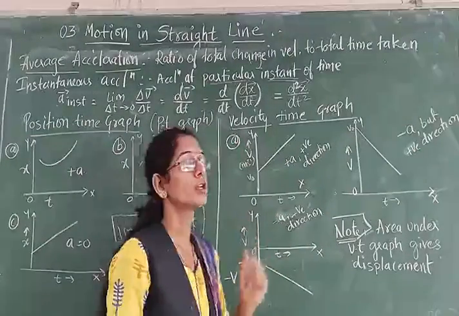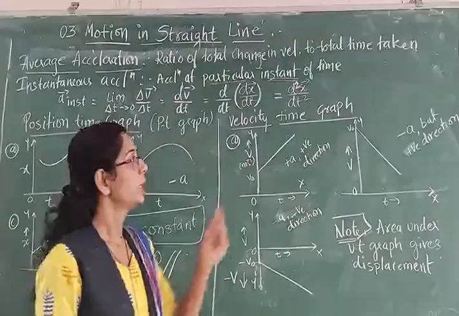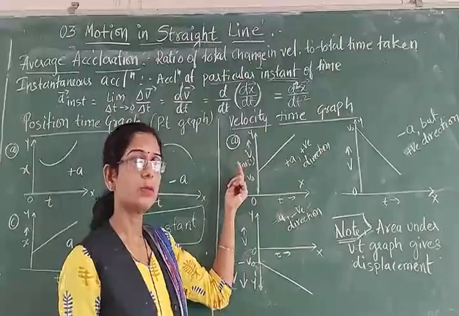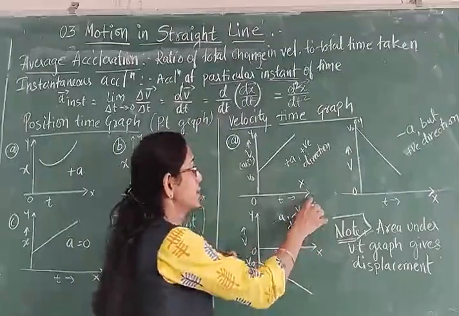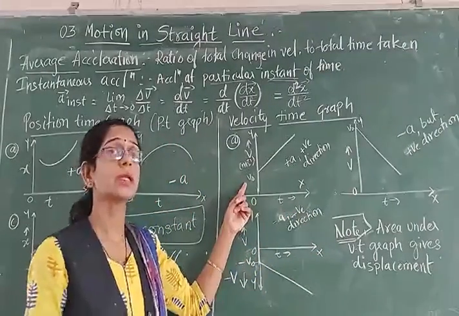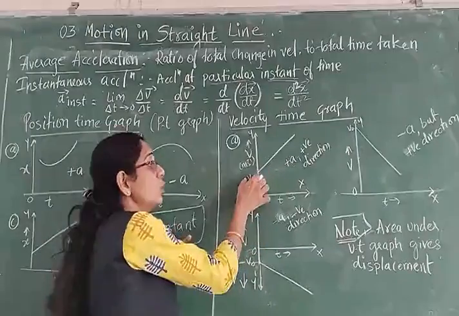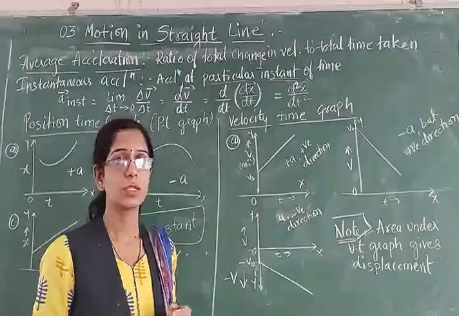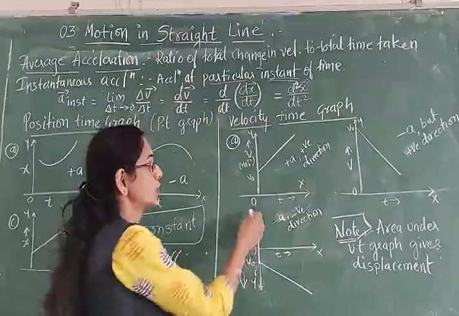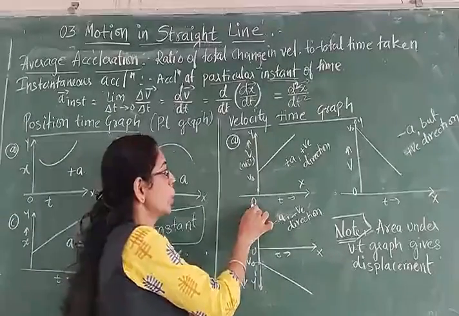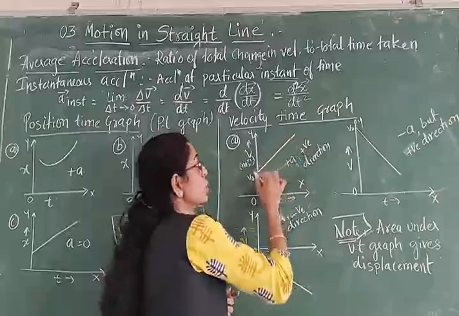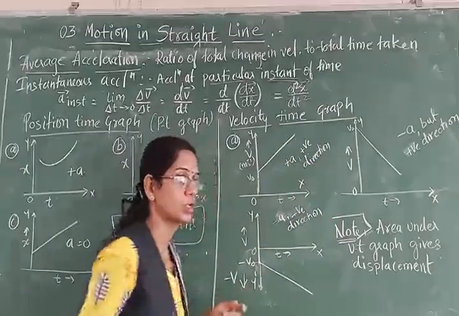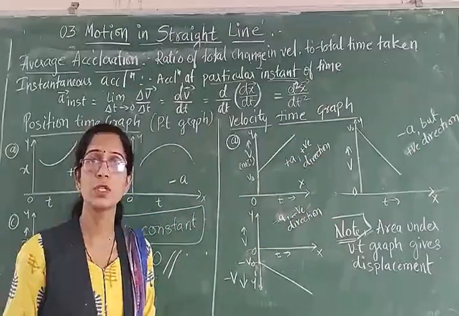Now here are the velocity-time graphs, wherein I have taken velocity along the y-axis and time along the x-axis. When the object begins its journey, let us consider that v0 is its initial velocity when I started measuring it with respect to the reference point O. So the object's velocity is increasing along a positive direction.